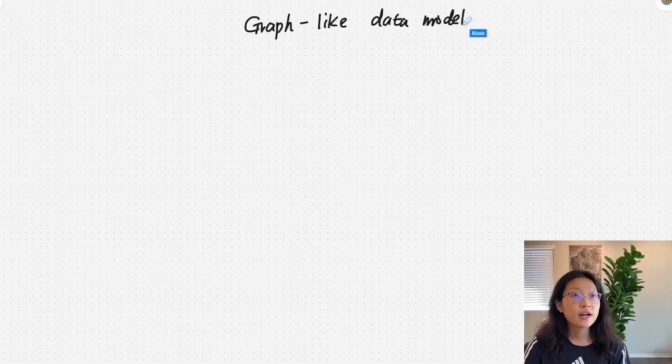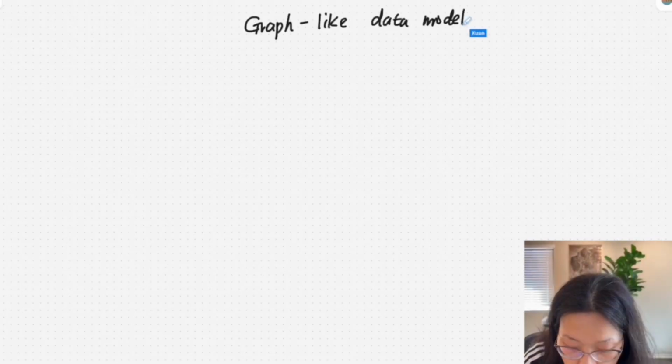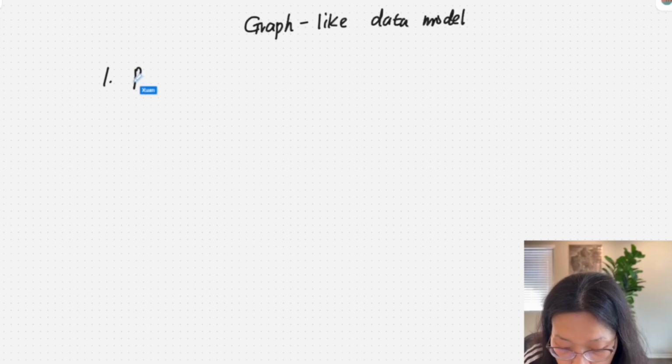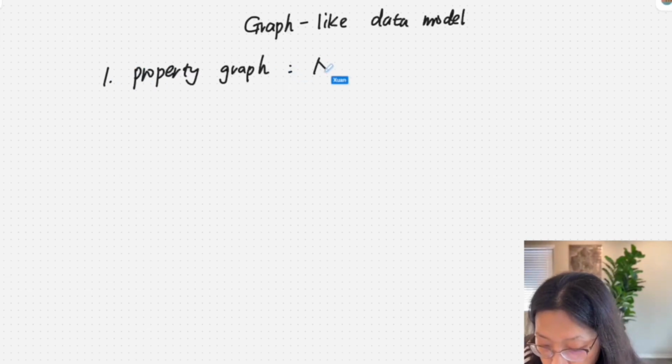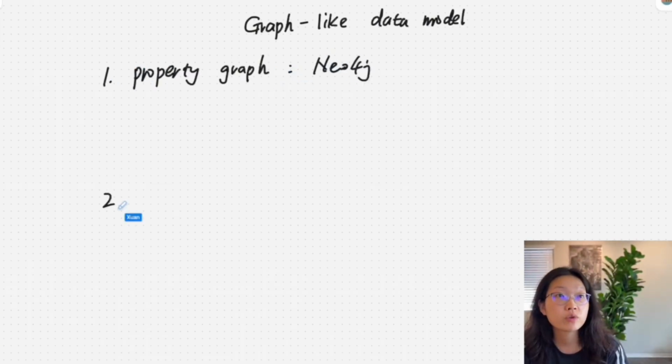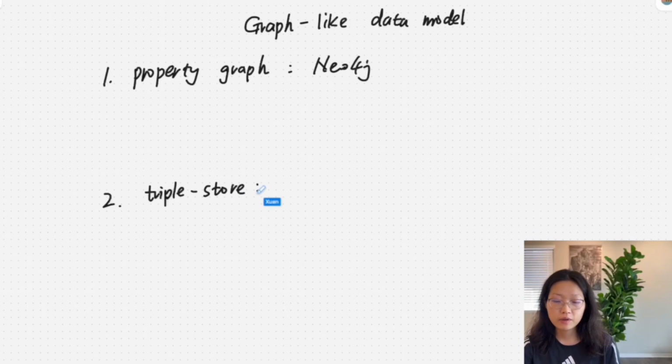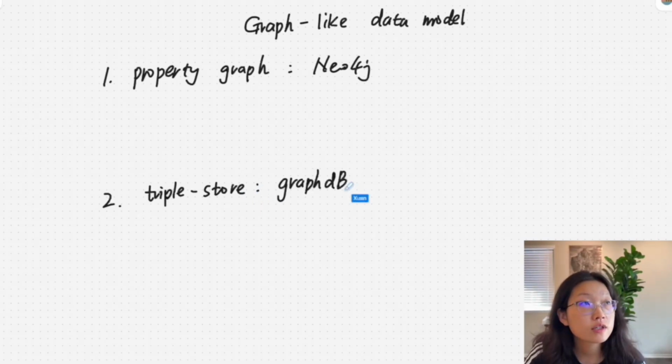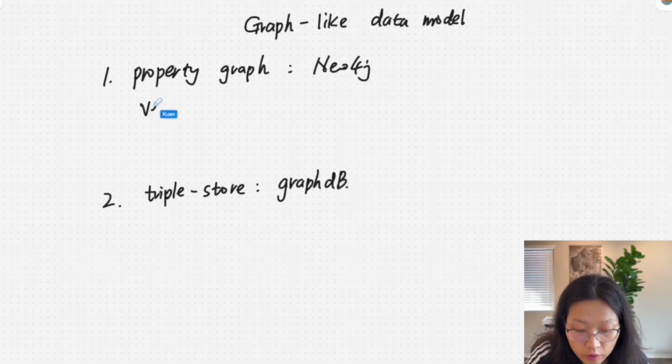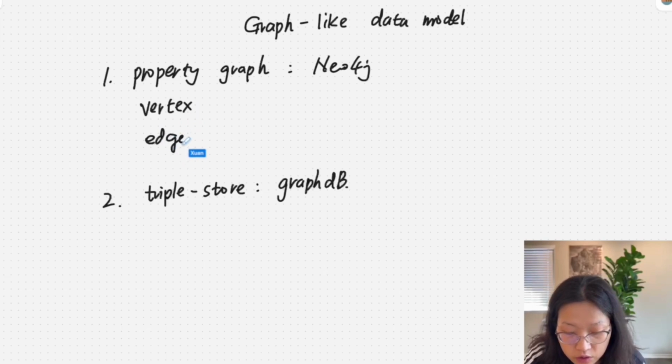Let's talk about graph-like data models. There are two kinds of graph data models. First is the property graph model, and a good example is Neo4j. Second, we have the triple store data model, and an example here is GraphDB. So what's the difference? Property graph model stores vertices, which are nodes, and edges differently.